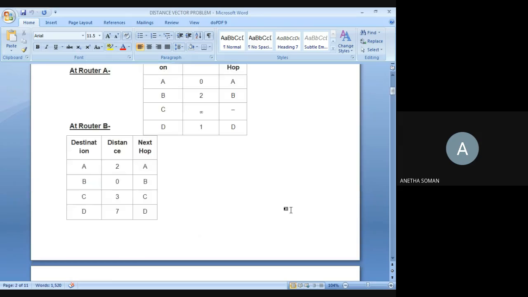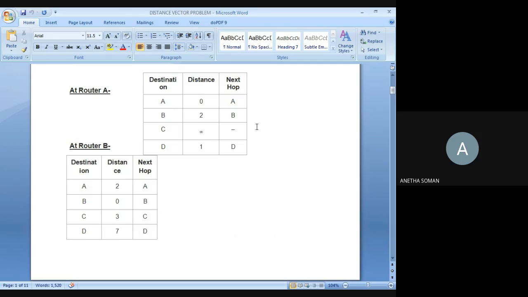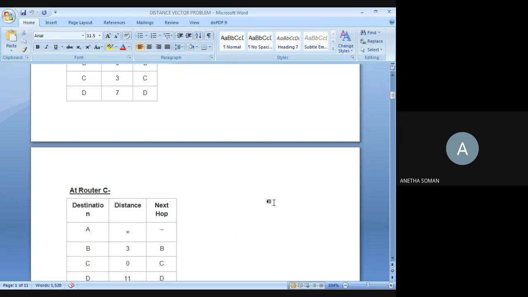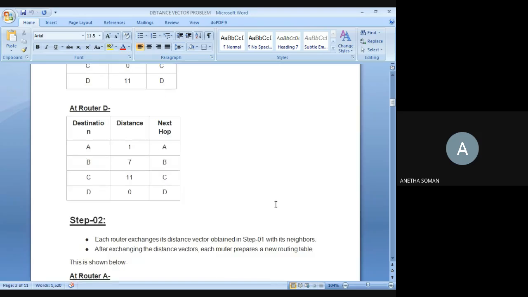Routing table of A means you are getting this one: A0A, B2B, C infinity and D1D. You write this on the left hand side. Written.